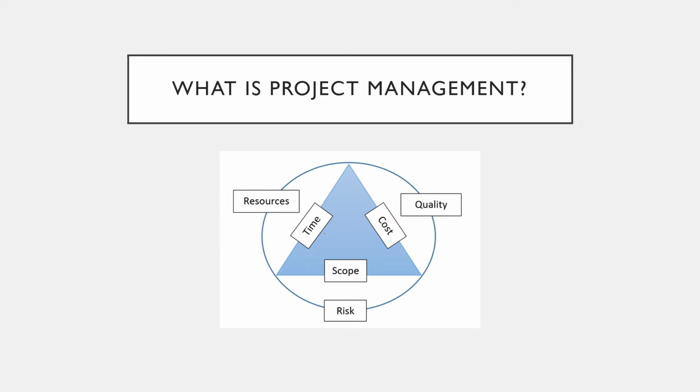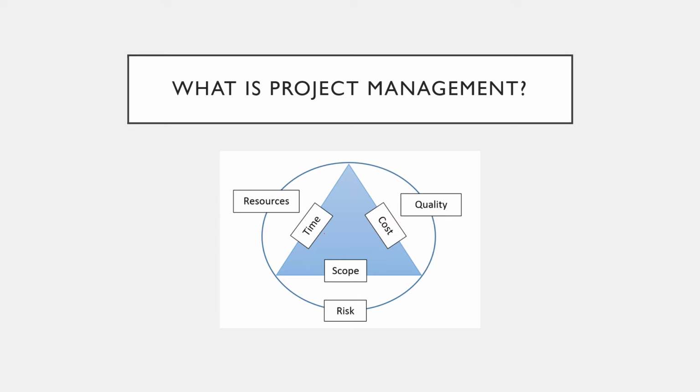The project manager does not work in a vacuum to execute the project or control all these parameters alone. It has been said that a project manager has full responsibility for project success, but no authority to get it done.